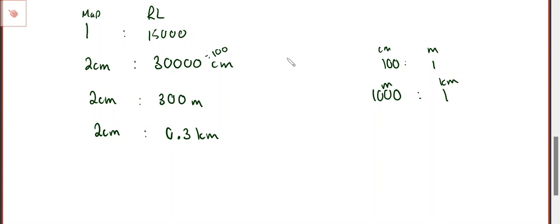All of these things mean the same thing, but different units. What's important is that initial stage: if I measure in centimetres on the map, the measurement in real life is in centimetres, nothing else. If I measure in millimetres on the map, the measurement in real life is in millimetres.